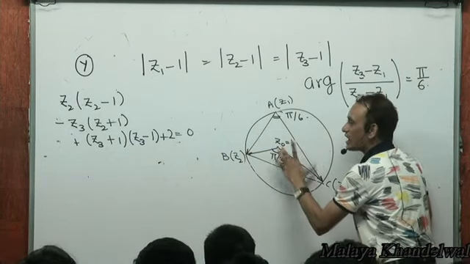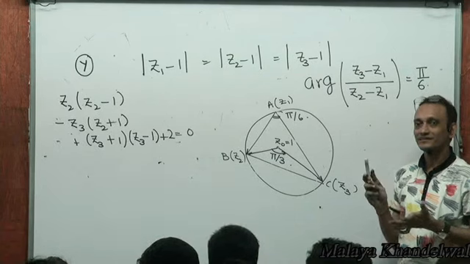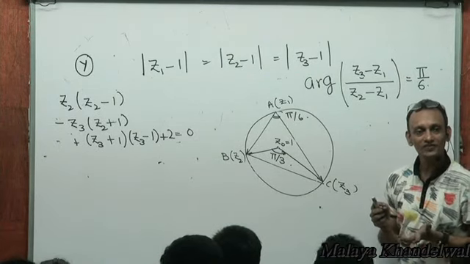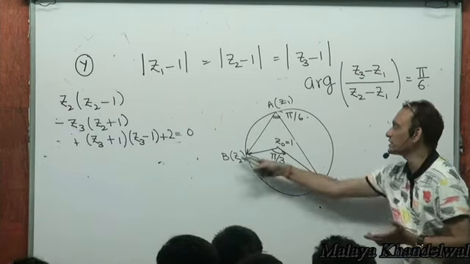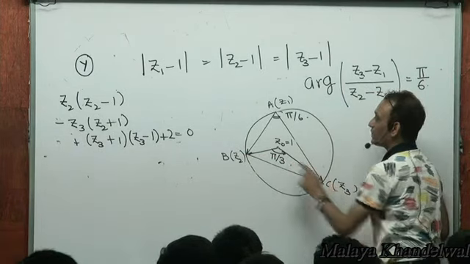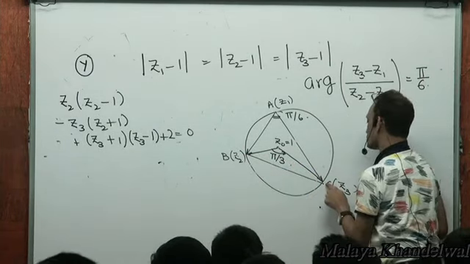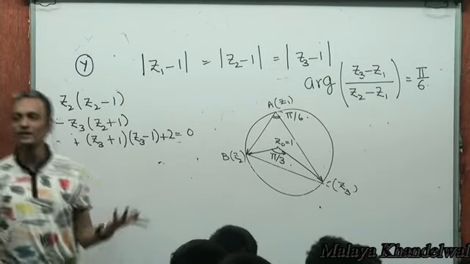This is R, this is R, this is 60 degrees. This is an equilateral triangle. This is an equilateral triangle, yes or no? Right? And if this is an equilateral triangle z0, z2, z3, then this square plus this square plus this square minus this into this minus this into this minus this into this must be 0. That's a property for an equilateral triangle.